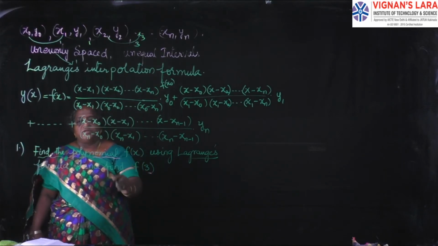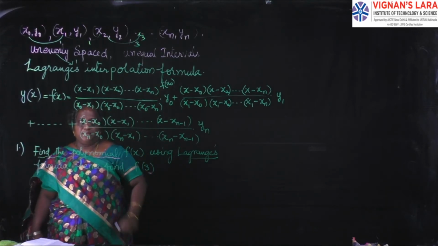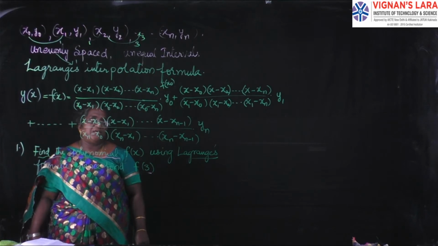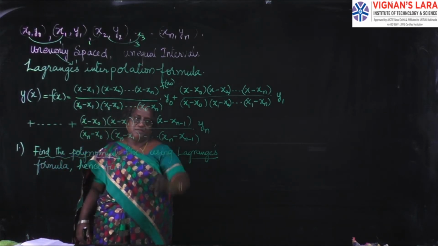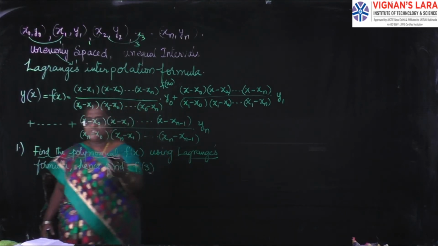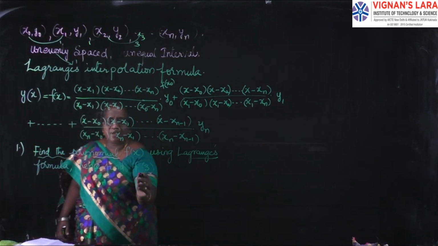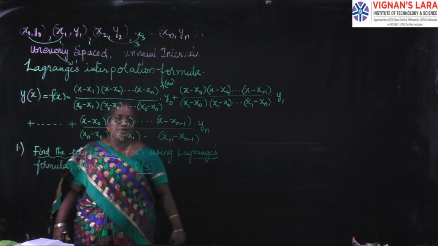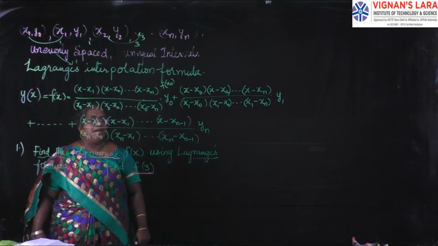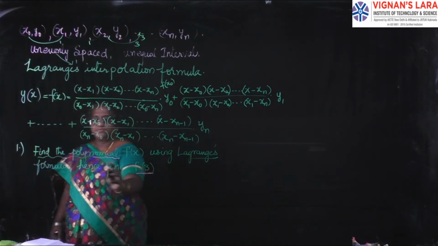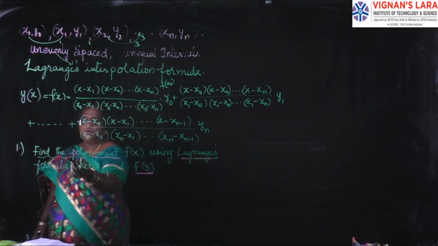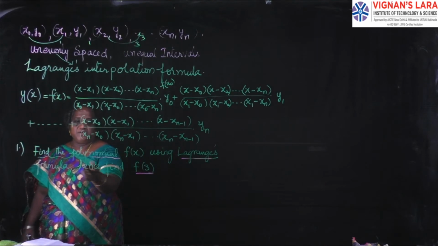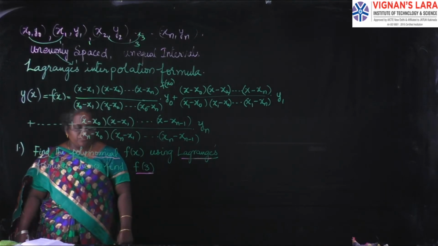So first you have to fit a polynomial, meaning an equation in x. Then you have to replace x by 3. So this is one model, finding the polynomial and hence finding the required value of y for a given value of x. Using Lagrange's formula, whether it is mentioned or not, by seeing the interval you must apply the appropriate formula.